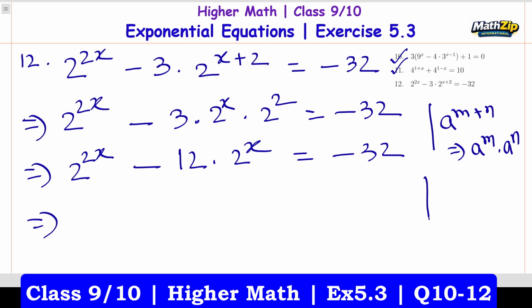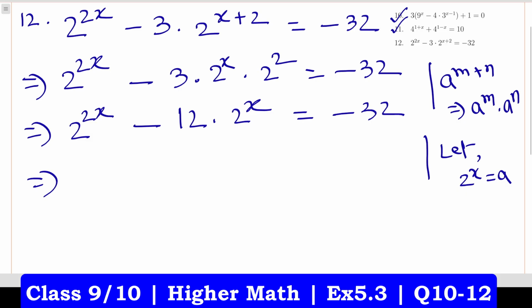Now let 2 to the power x be written as a. So 2 to the power 2x means 2 to the power x, whole squared. So if it's a, it's a square.